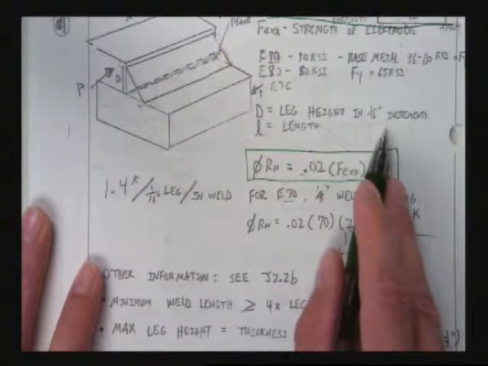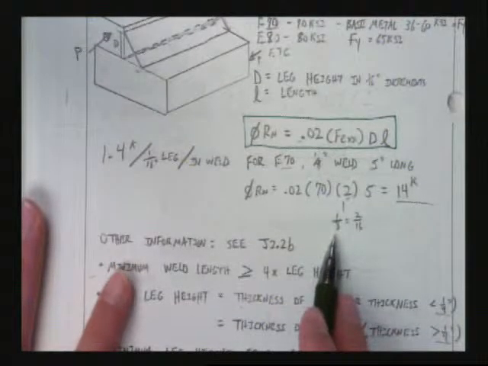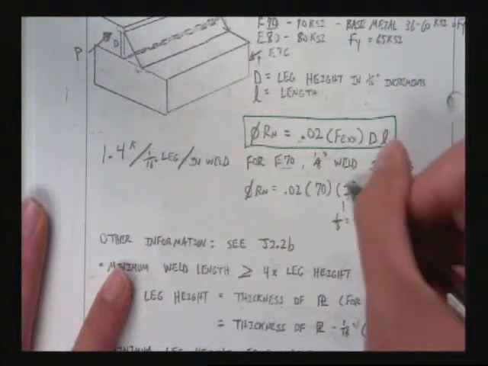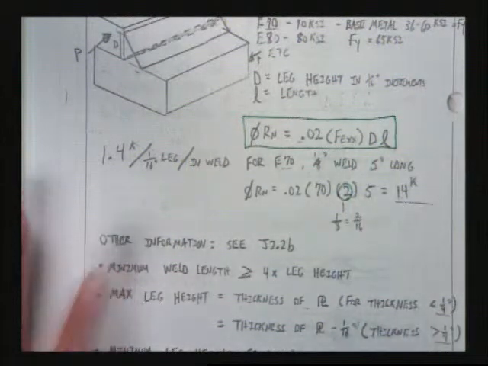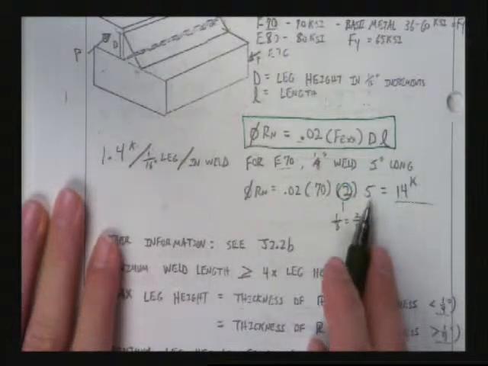So if I say something is a 3/8 inch weld, or here I have an example where it's a 1/8 inch weld, that's the same thing as 2/16. My D is 2. Why? Because it's the length in 16ths of your leg height. L is the length in inches.